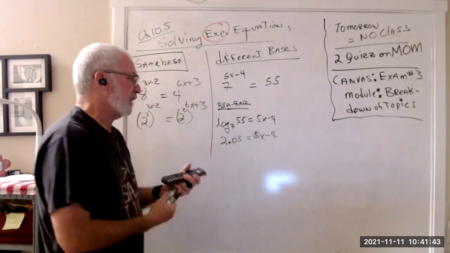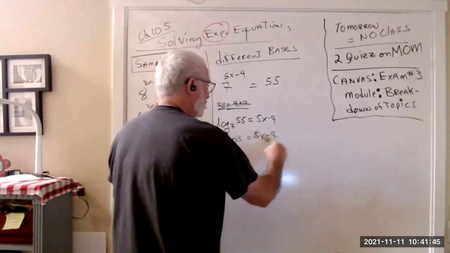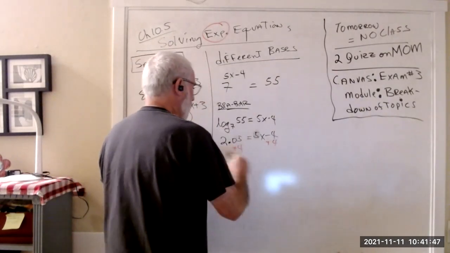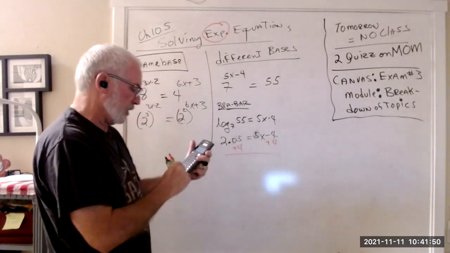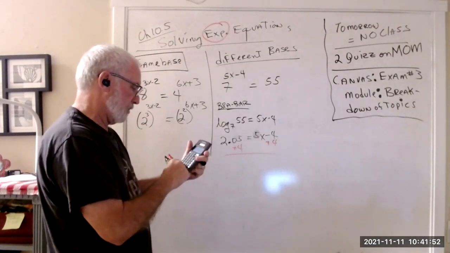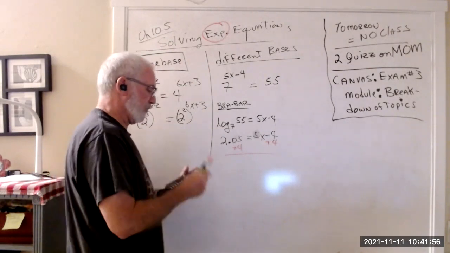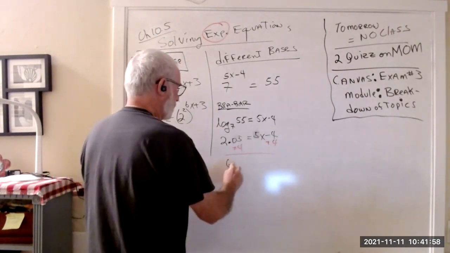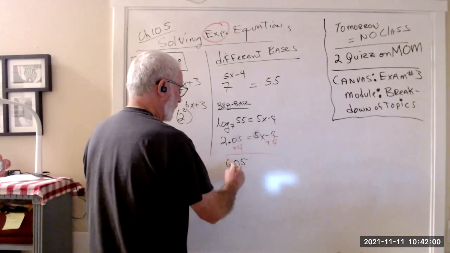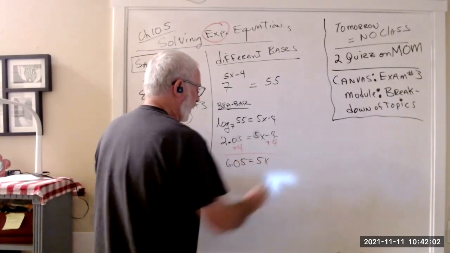Then I'm going to add 4 to both sides and do it on my calculator. Now I have 6.05 equals 5x.